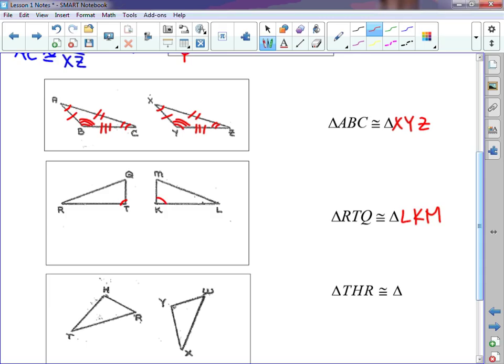So in my statement, I need to make sure that T and K are in the same location. Likewise, I can see that R and L go together. So R and L need to be in the same location on my statement. And then finally, I can see that Q and N go together. So again, they need to be in the same location. I want you to fill in that last one, see what you get for it.